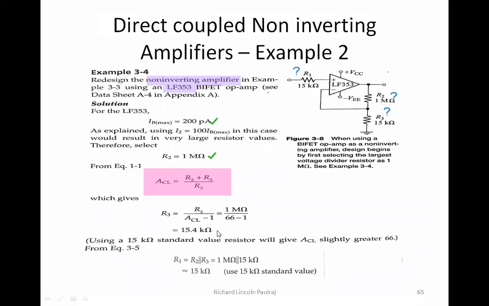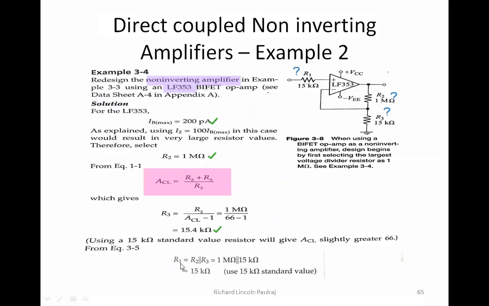Yes, sir. So approximation is what we are going to do there. This value is correct, but we will not be using 15.4; we'll be using a standard 15 kilo ohms resistor. So ACL will slightly go greater than 66 because the resistor is going to be a little less, so the gain is going to be higher.